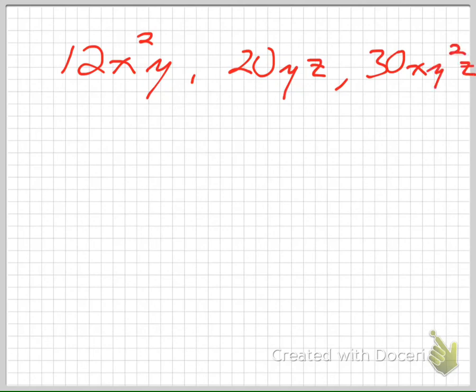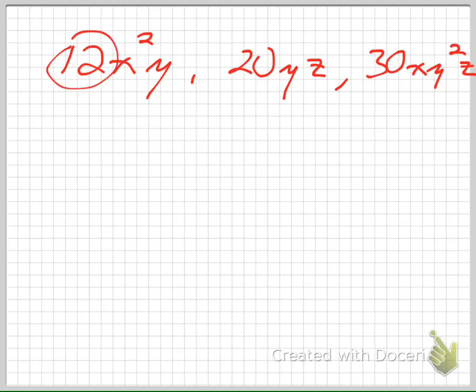Nothing changes just because it's bigger or uglier. Follow the rules. You can do it. Find the least common multiple by using prime factorization.